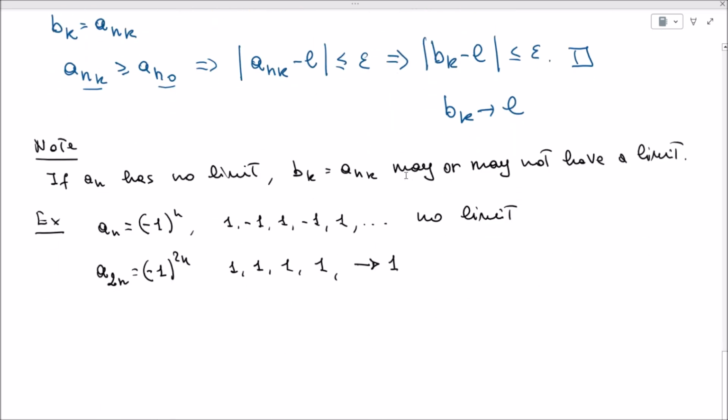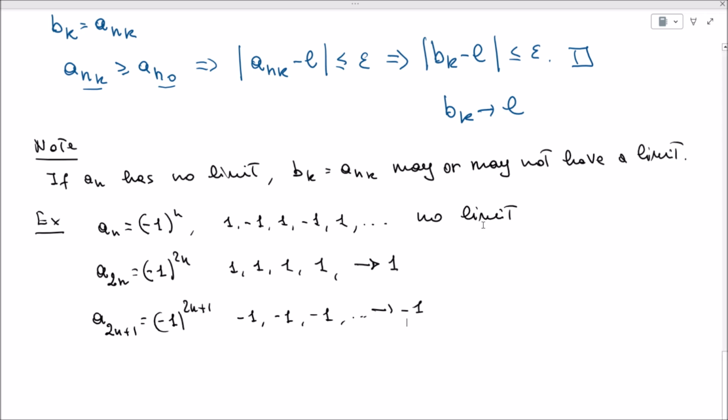And if instead we consider a_2n+1, namely minus 1 raised to the 2n plus 1, what we get is a constant sequence always equal to minus 1, which clearly tends to minus 1. So with this example, we just saw that if the original sequence has no limit, we can't say anything about the subsequences.